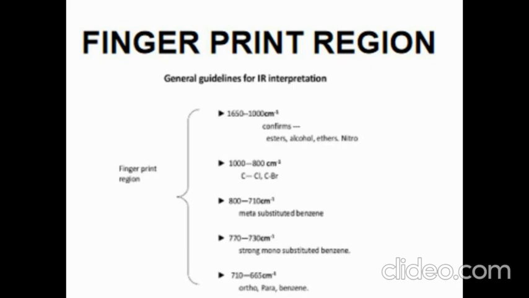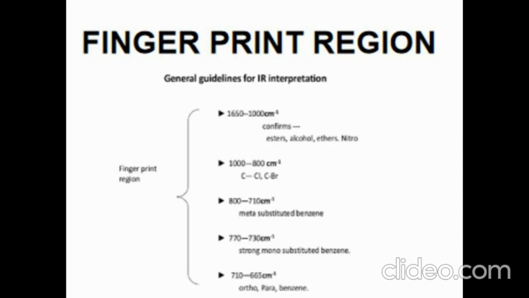Single bonds like carbon oxygen, carbon nitrogen, carbon carbon, and various types of single bonds where hydrogen is not the partner appear in this zone, and the bending vibrations also appear here. So all the bending vibrations appear in this zone along with the stretching of single bonds, and this particular zone is popularly known as the fingerprint region.